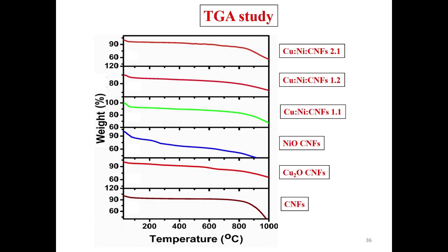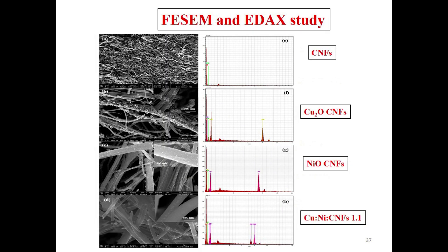This is the TGA study, and 2:1, 1:2, 1:1 is found to be thermally more stable as compared to nickel oxide and cuprous oxide carbon nanofiber and simple carbon fibers. Next, FESEM and EDAX study. The morphology study shows the copper nickel nanomaterial decoration is uniformly dispersed over the carbon nanofiber, and a very fine and interesting morphology is observed.